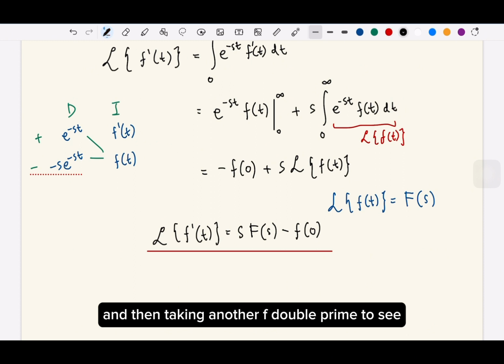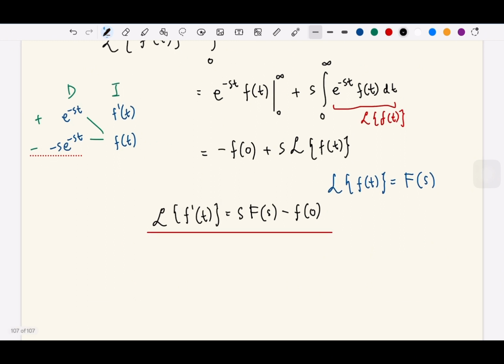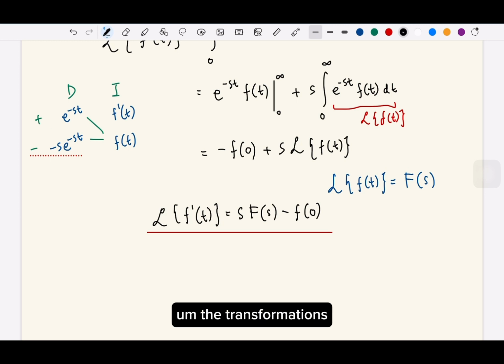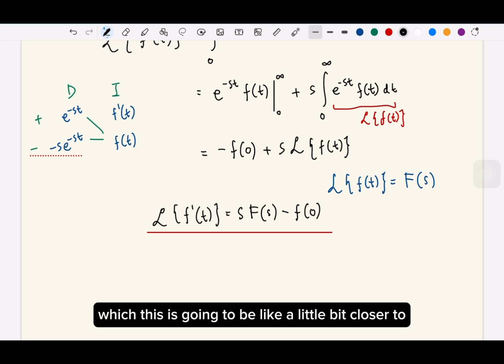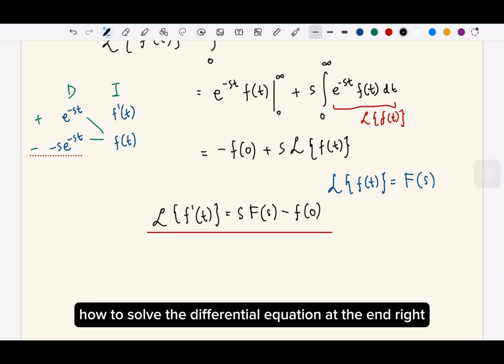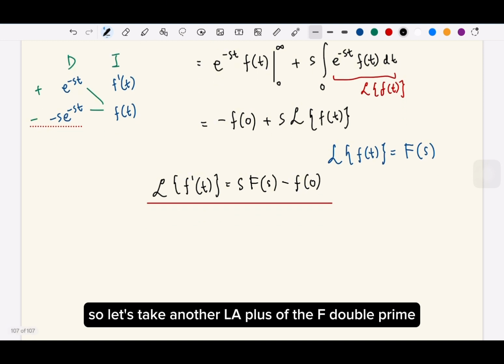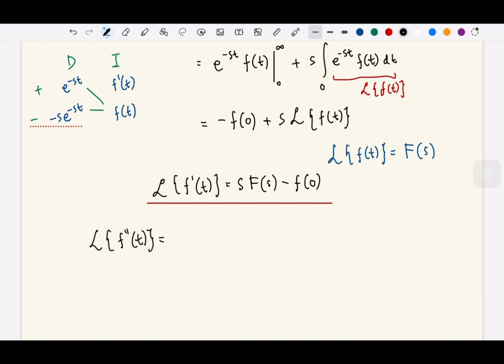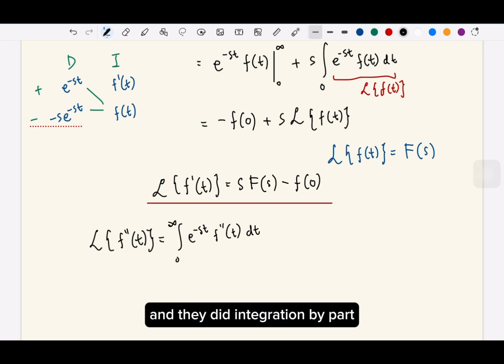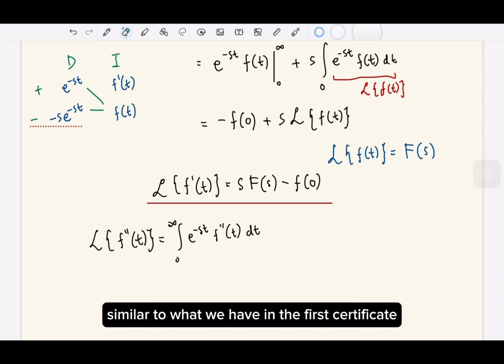And then taking another, f double prime, to see if we can find some patterns throughout the whole derivative system, like the first derivative, the second derivative, and then the third derivative, and how the transformations go, which is a little bit closer to how to solve the differential equation at the end, right? So let's take the Laplace of the f double prime. Taking the transformation and the integration by parts, similar to what we have in the first derivative.